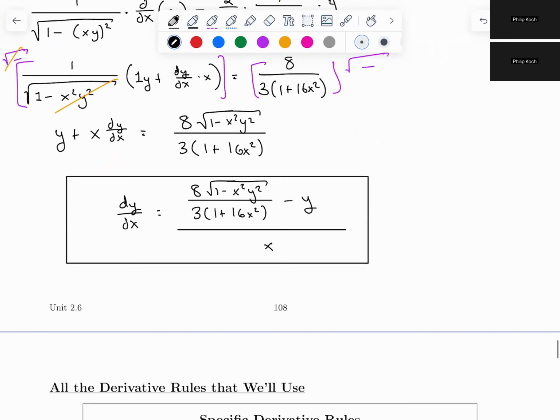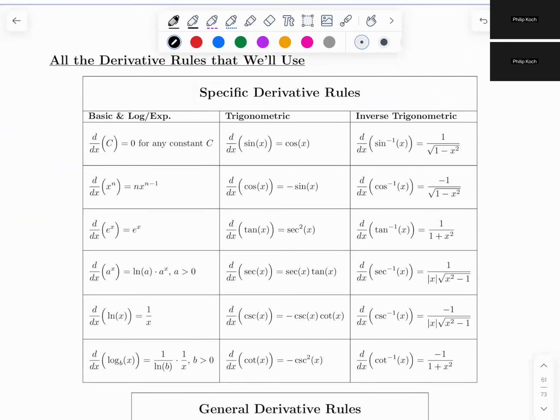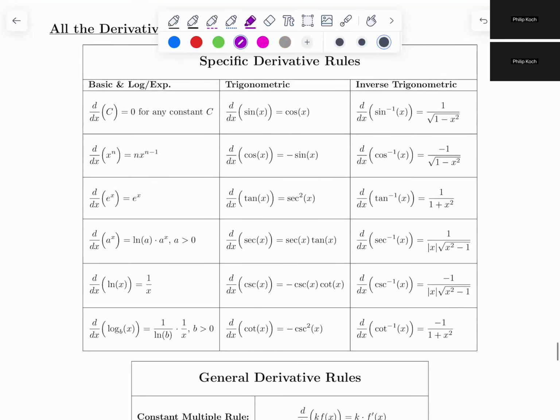All right. So that's inverse functions. And here is all of the derivative rules. Once again, I'm going to highlight the ones that you don't need to know.